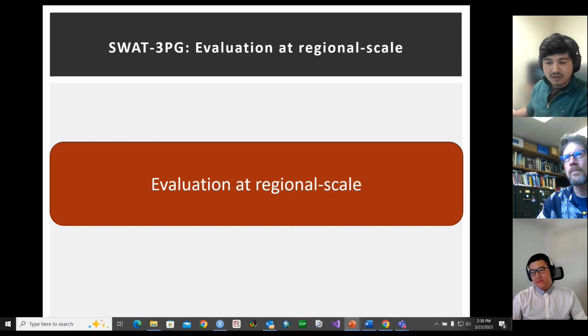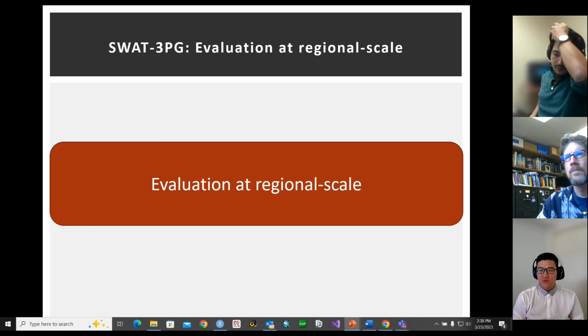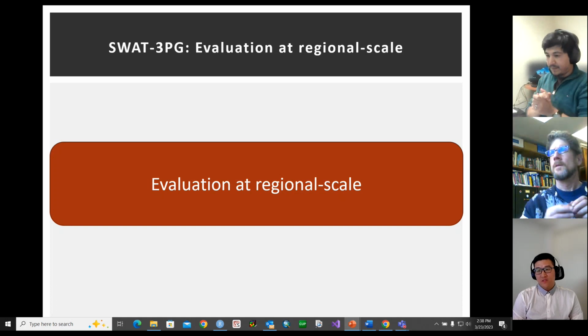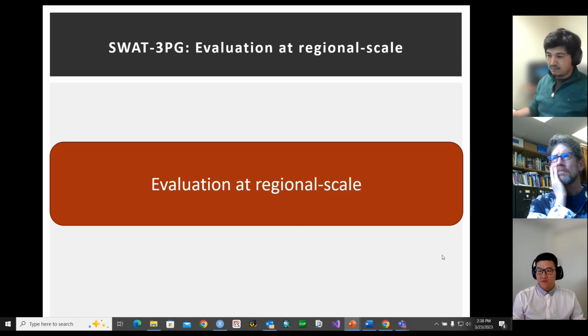Yes, yes. This is phase one, and we just want to use the Upper Mississippi River Basin as a showcase. And we're developing all those tools, all those models. Then maybe in phase two, we can apply this model or framework to a larger scale, like the Mississippi River Basin, per se, or the national.